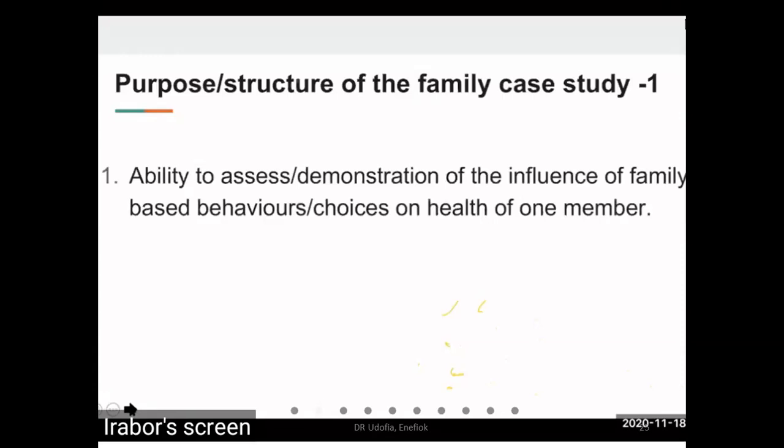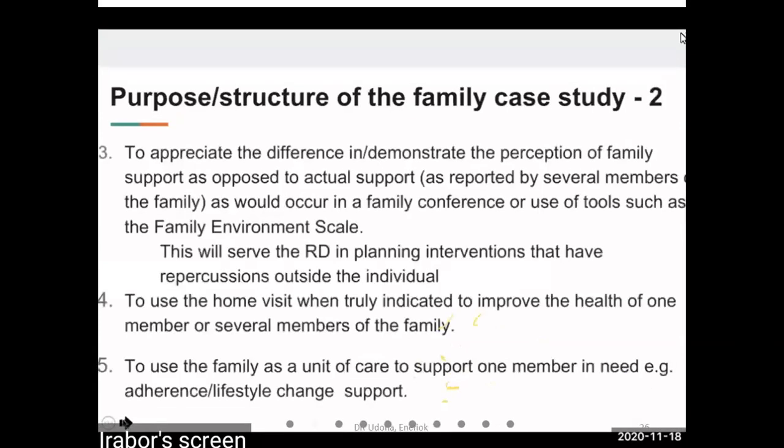So you want to see your ability to assess that and how you've been able to demonstrate it. And also to appreciate the differences in and demonstrate the perception of family support. Very, very important, family support, as opposed to actual support.